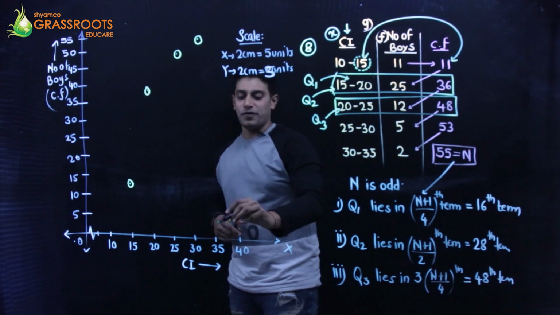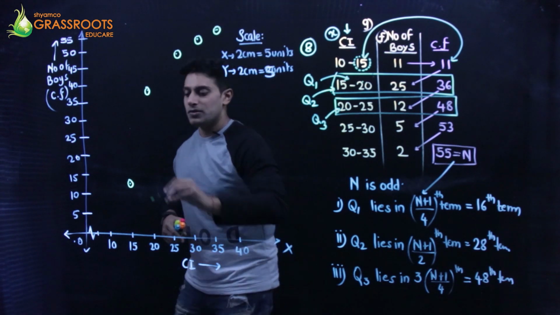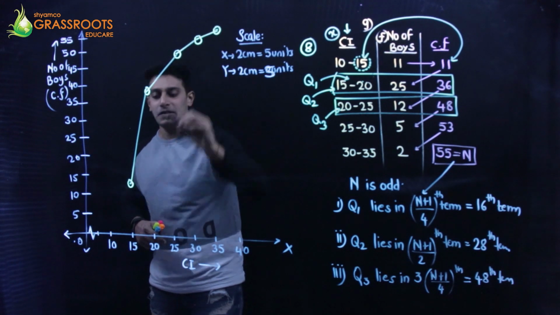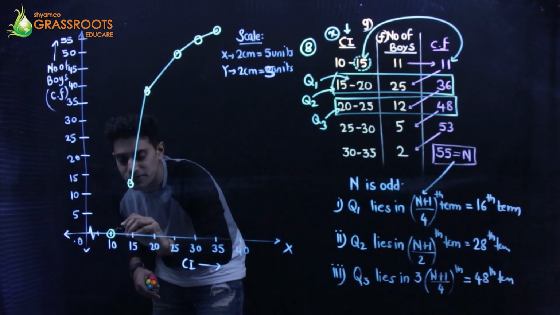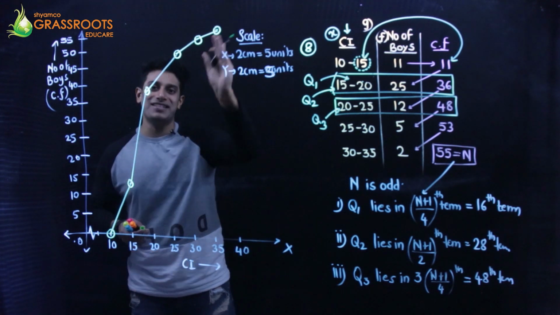And the last plot is 55. So you join with almost freehand straight lines. And the lower limit is always going to start from 0. This is going to be your ogive. Ogive is always going to be rising, right?